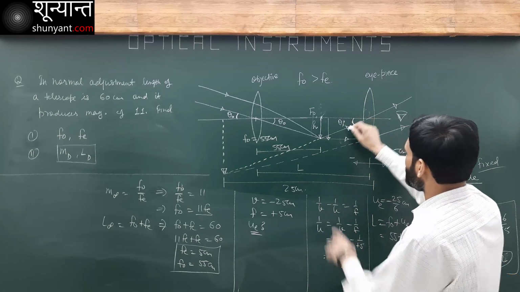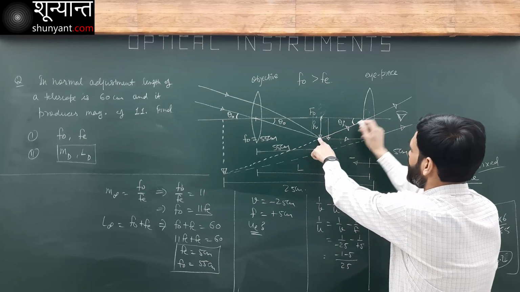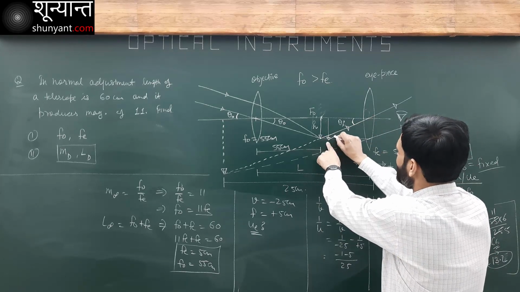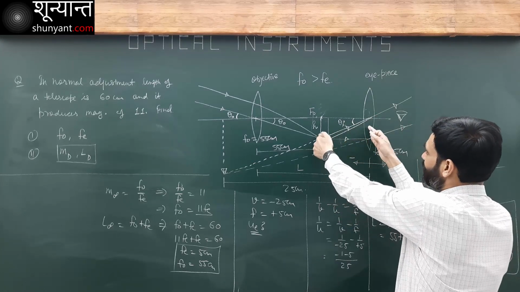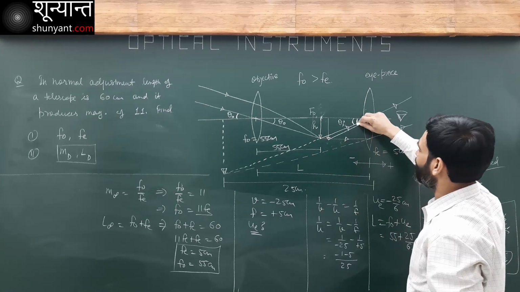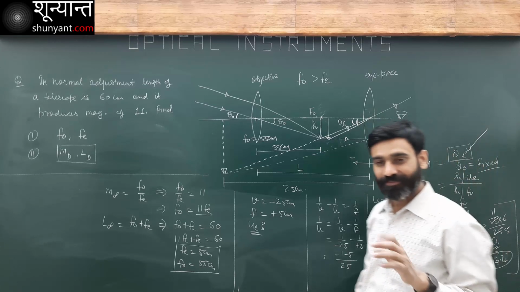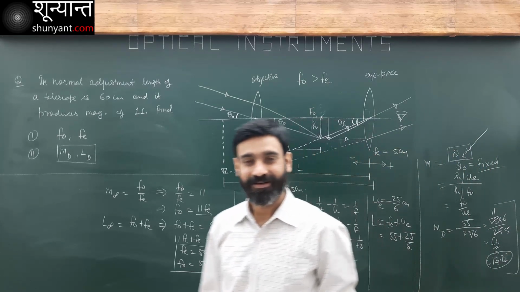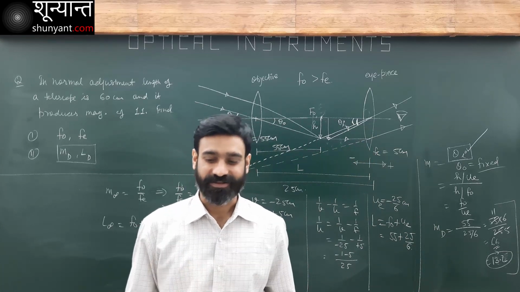This was the angle in normal adjustment when the object was at focus. This is the angle in near point adjustment when the object is between focus and the lens. This angle increases, and that's how the magnification increases in near point adjustment and length decreases.